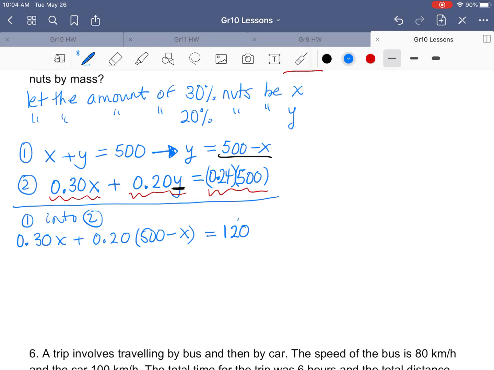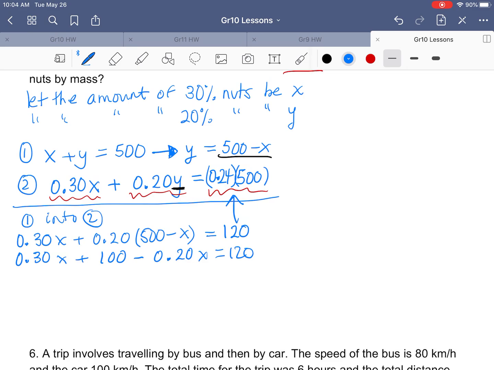Okay, so the 120 comes from actually doing the multiplication right above it. So now we're going to expand, simplify, and isolate for x. So 0.20 times 500 gives us 100. And we end up with 100 minus 0.20x is equal to 120.